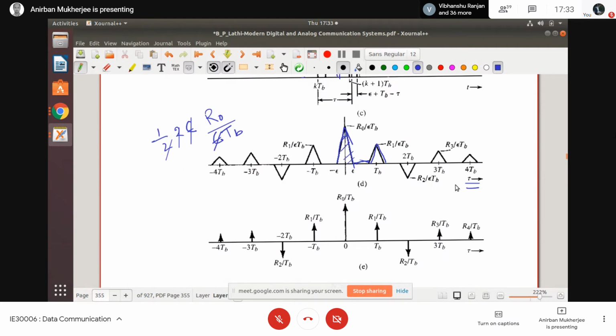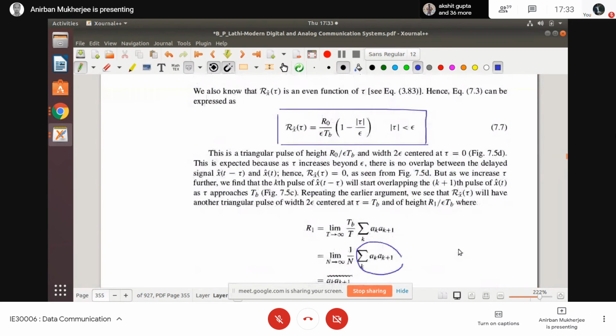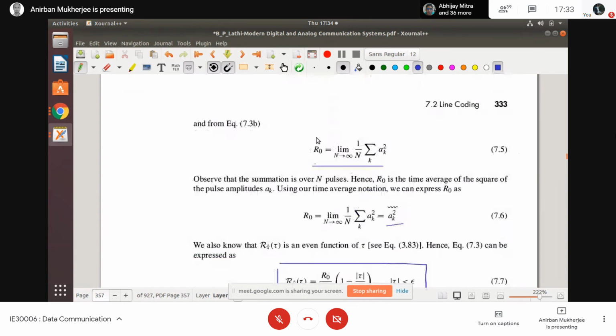Now, if I take the autocorrelation of the signal x, it is 1 by Tb, sum over n from minus infinity to infinity, R_n delta(tau minus n Tb). So this is my autocorrelation function of the input signal x.